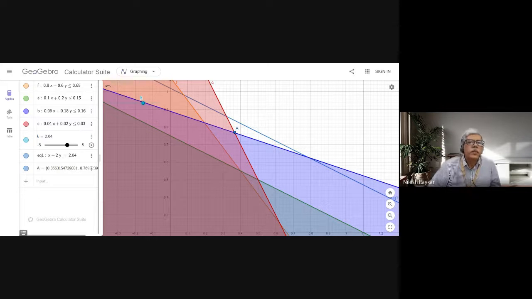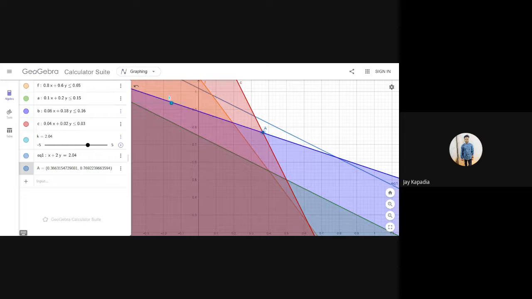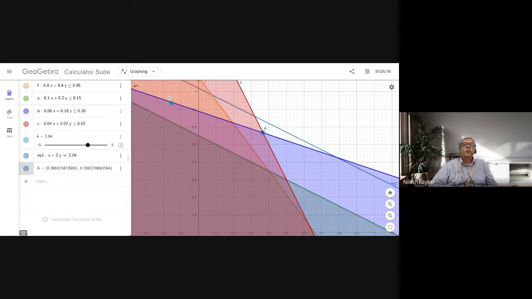I can't read it from here. So you can just tell what is the value. 0.366, comma 0.769. Okay, that means we require alloy A 0.36 and the remaining is the amount of alloy B we require.